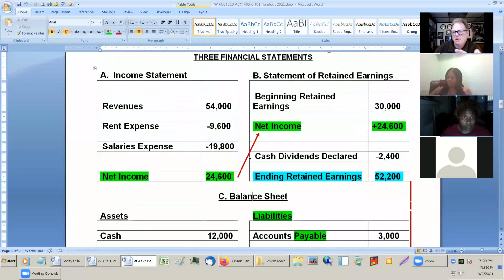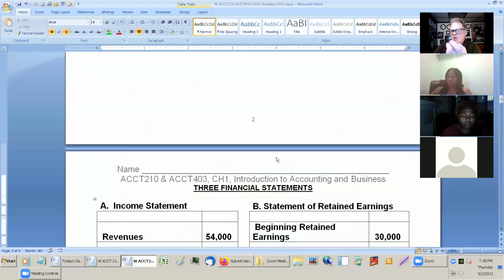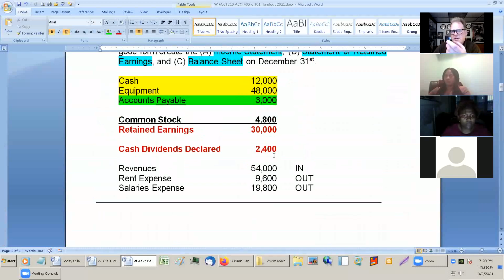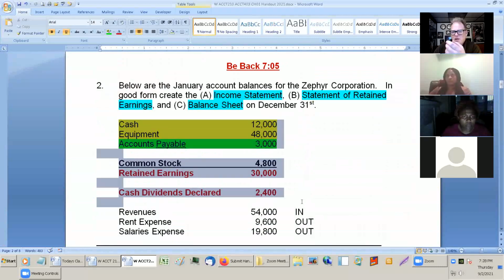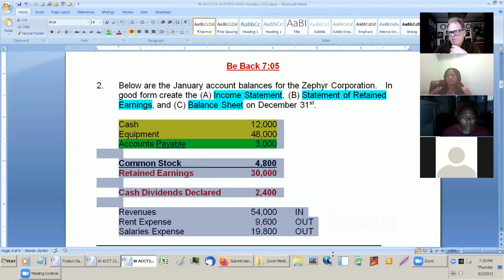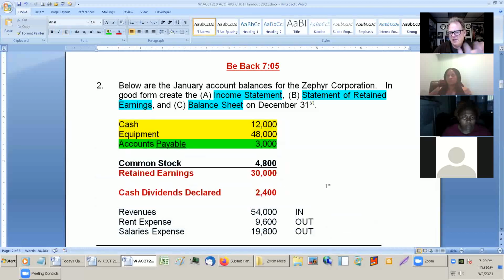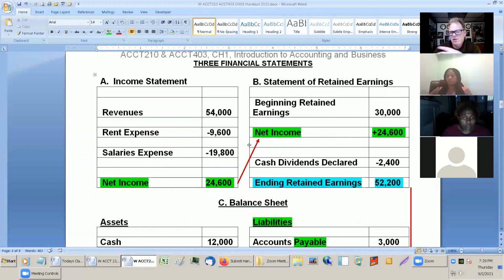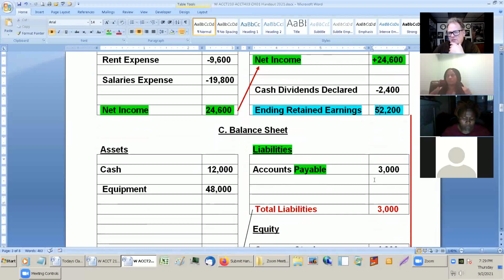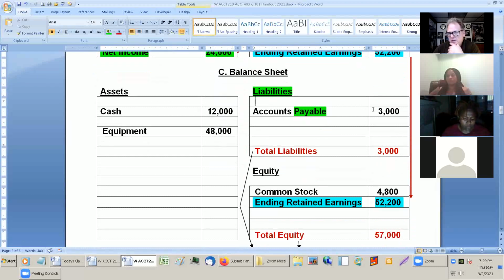And again, this gives a lot more information than this. It would be hard to tell if they're profitable or what else just by looking at these accounts. It doesn't tell you too much. Whereas this, you can say, okay, they're profitable. They made 24,600. The owners have 52,000 in their piggy bank. We owe 3,000.